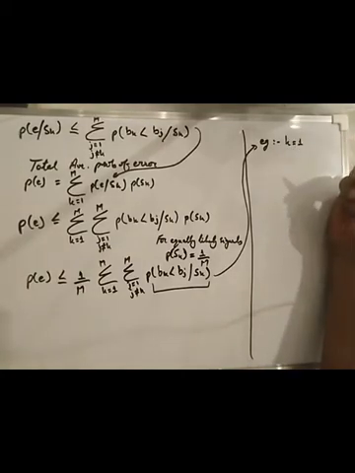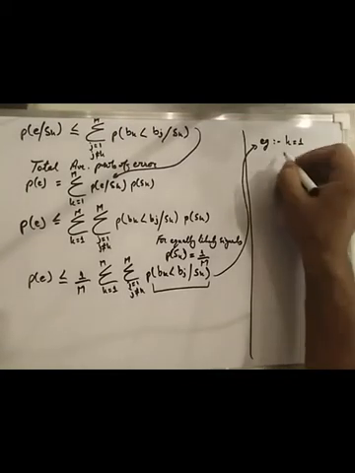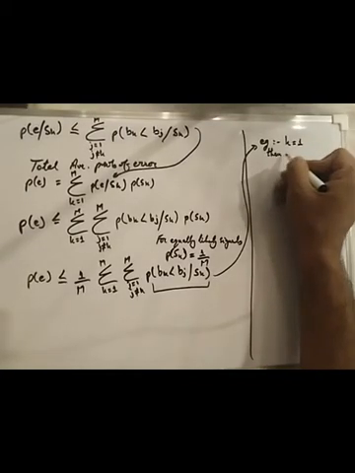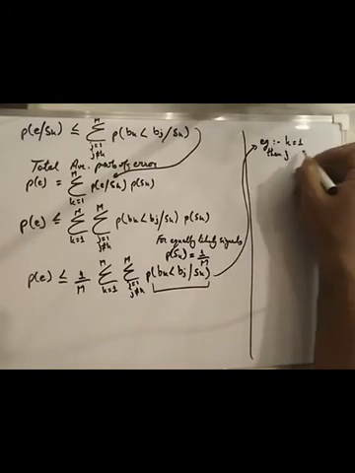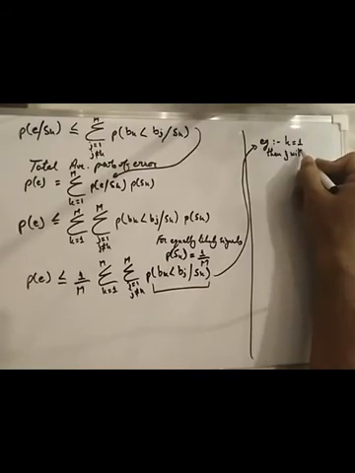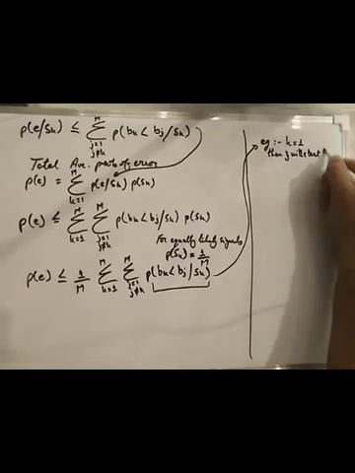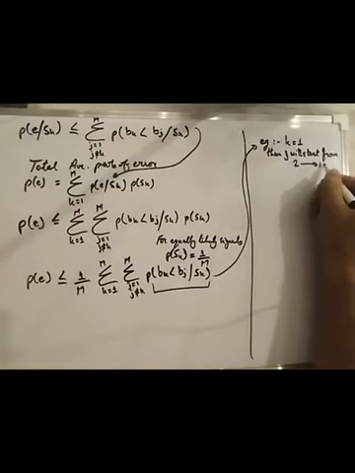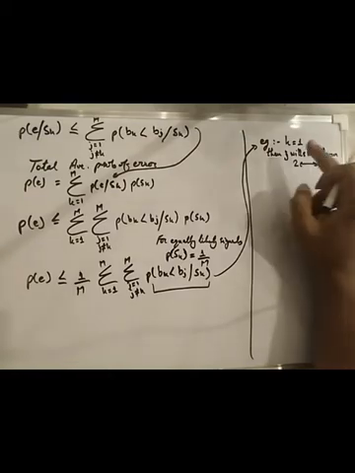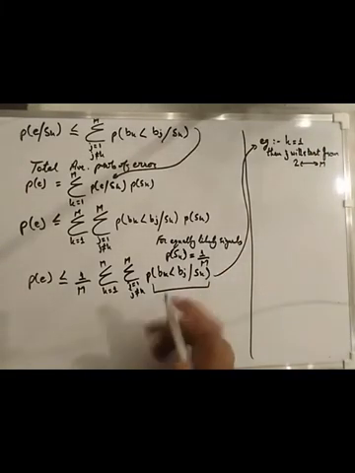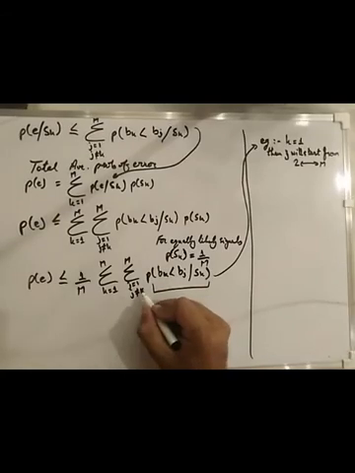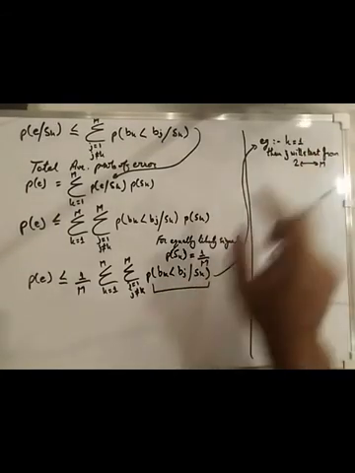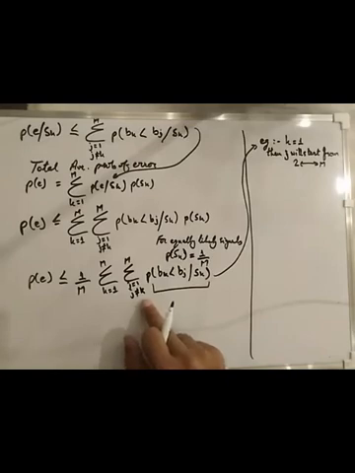Then j will start from 2 till capital M. J cannot be 1, since the summation here has a condition that j cannot be equivalent to k. So if k is chosen as 1, j cannot start from 1. It will start from 2, and it will go till capital M.